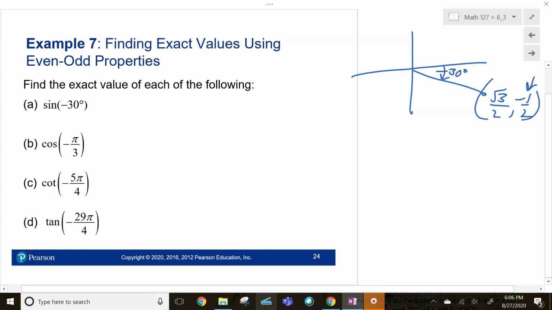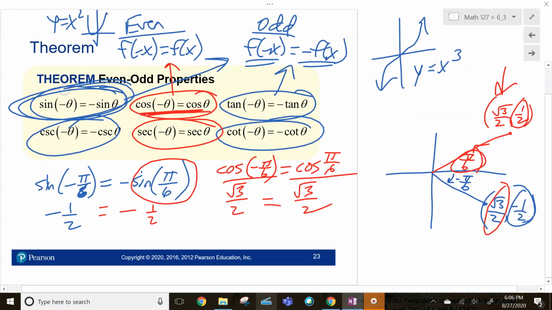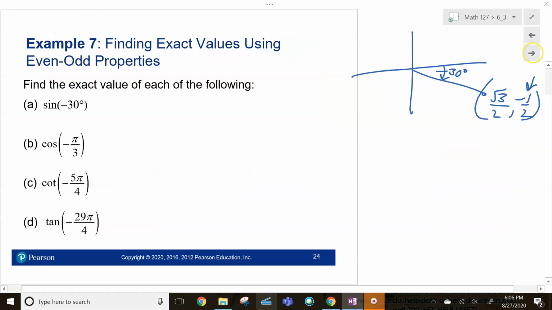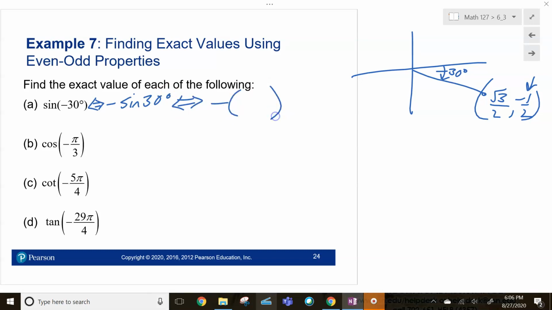But you can also use the property. Sine of negative theta is negative sine of theta. So this should be negative sine 30 degrees. So you find the sine of 30 degrees. Alright, see, it's the same thing.